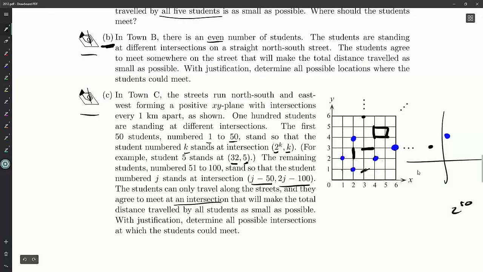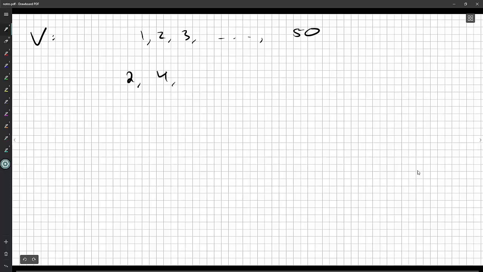You go up by ones for the first 50, and you go up by twos for the next 50. So vertically you'll get 1, 2, 3, all the way up to 50. And you'll also get 2, 4, 6, all the way up to 100. So the 25th one here is going to be 50.